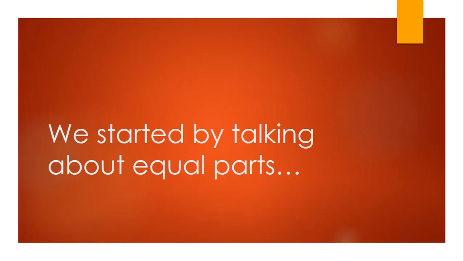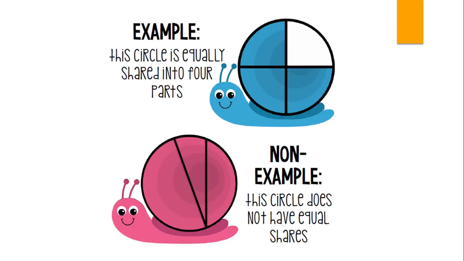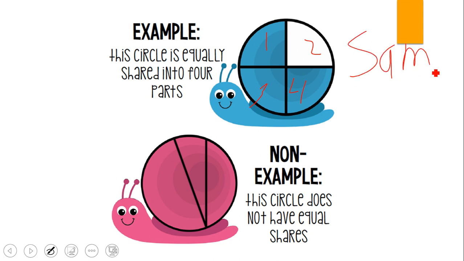So remember, equal parts are just when we cut things up so they are the same size. So we cut them up so they are the same, okay? So here we have 2 examples. We have the first one, which is this lovely blue snail, my favorite, and it is cut into 4 equal parts, 1, 2, 3, 4, and they are all the same size, okay?